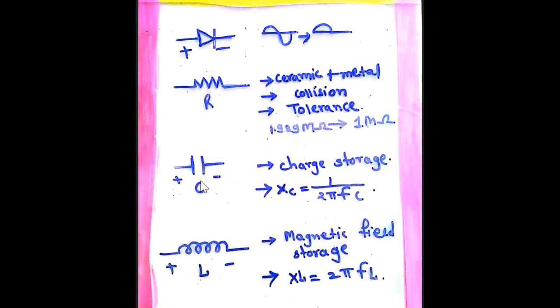Whatever charge comes at the terminal is stored in this dielectric material. So there will be charging and discharging of the capacitor, which means that it allows the AC part and blocks the DC part. Coming to the reactance, reactance is nothing but opposition to the change in current.